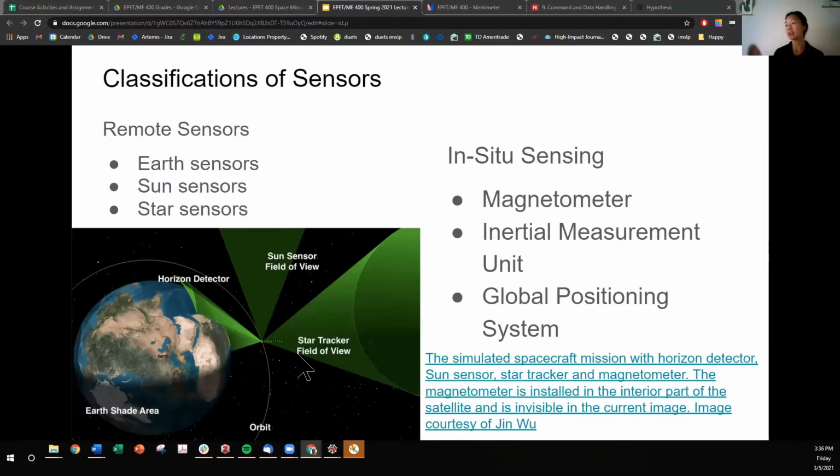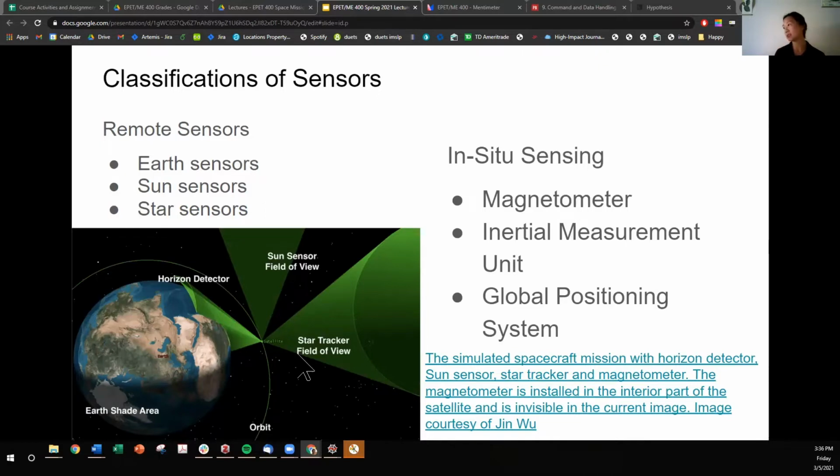You can see that geometrically, they are facing the different phenomena that they want to detect, and they're all at these specific angles. You can also see that their fields of view are not overlapping. That's not necessarily a requirement. That is a good thought process when designing your structures and mechanisms, where to place these sensors.